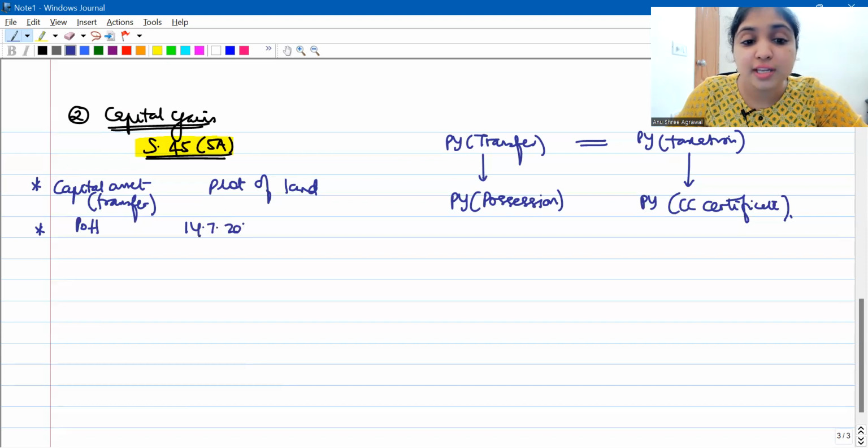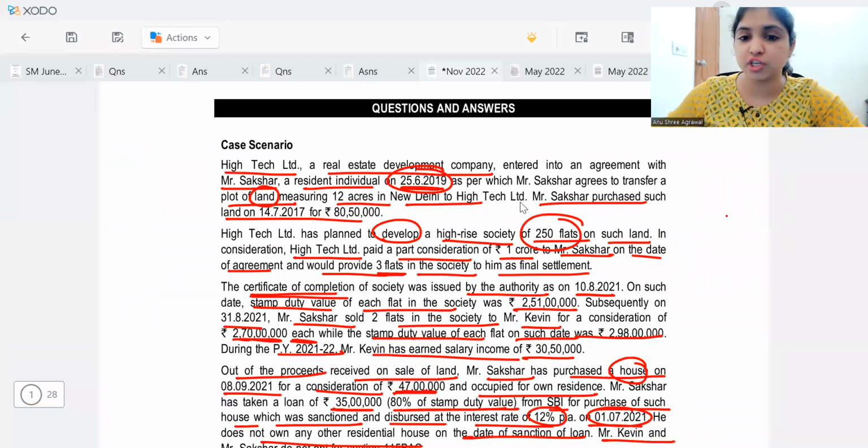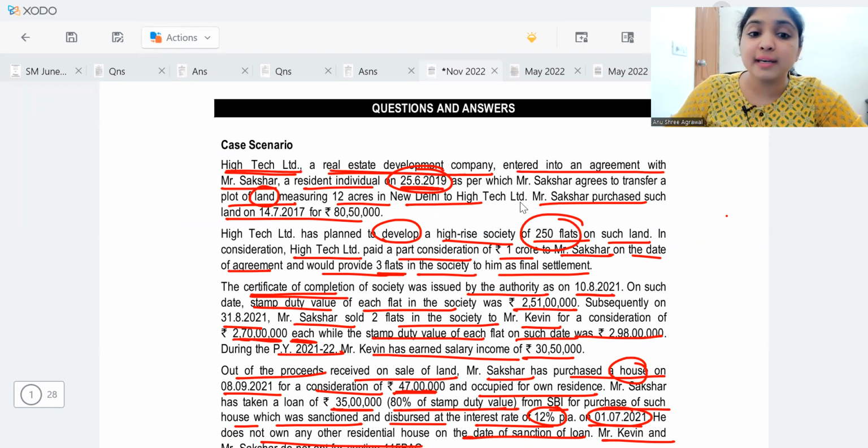And when is he transferring the property? I just told you the date of transfer will be the date on which we transfer the possession. Now, what does the question say? Does the question tell us when did we transfer the possession? The question says, Hitech Limited, a real estate development company, entered into an agreement with Mr. Sakshar, a resident individual, on 25th July 2019, as per which Mr. Sakshar agrees to transfer a plot of land measuring 12 acres in New Delhi to Hitech Limited.